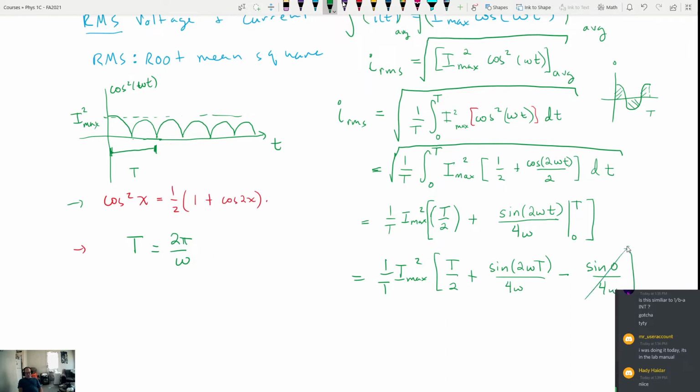We know that the sine of 0 is 0, but this is also 0 because the sine of 2 times omega times T, but T is 2 pi divided by omega, so the omegas cancel. So this is the sine of 4 times pi, so this is also 0.